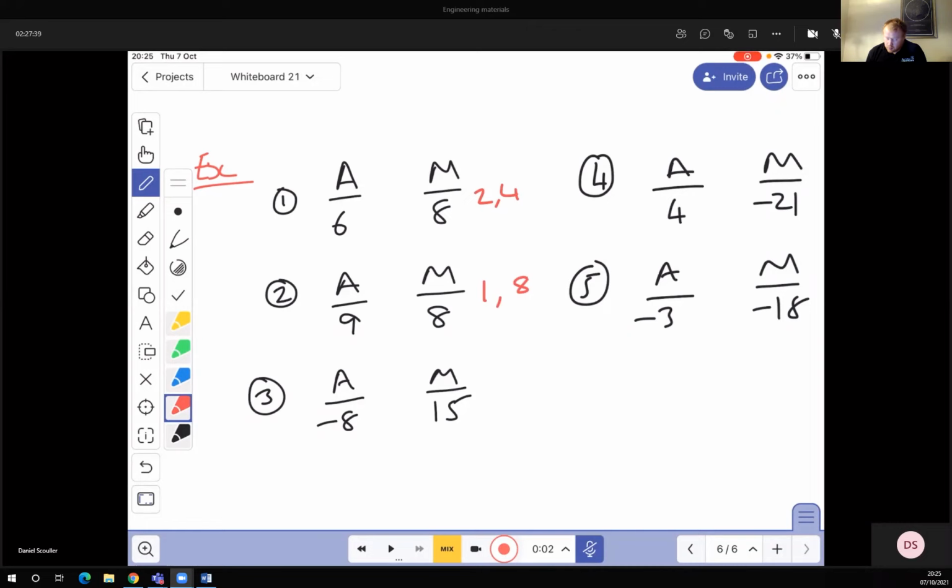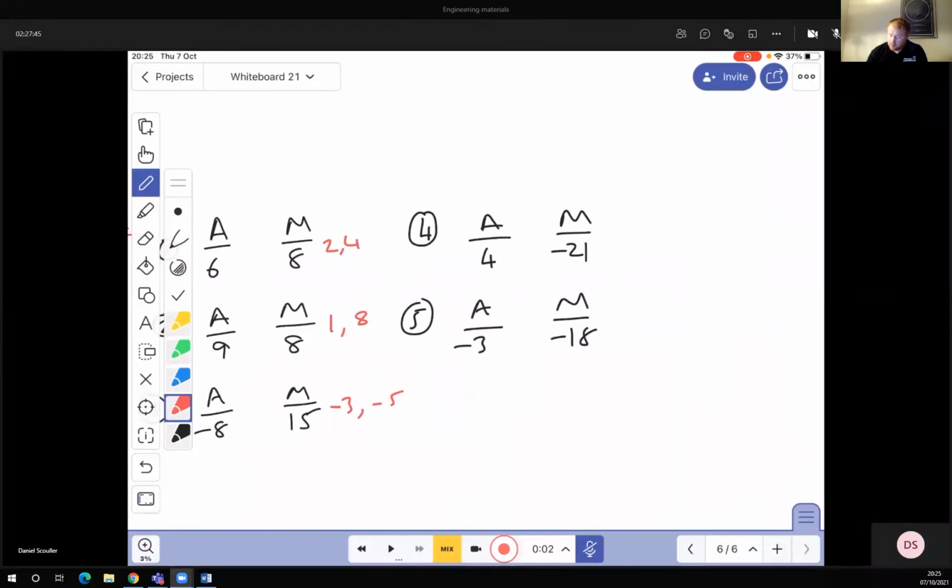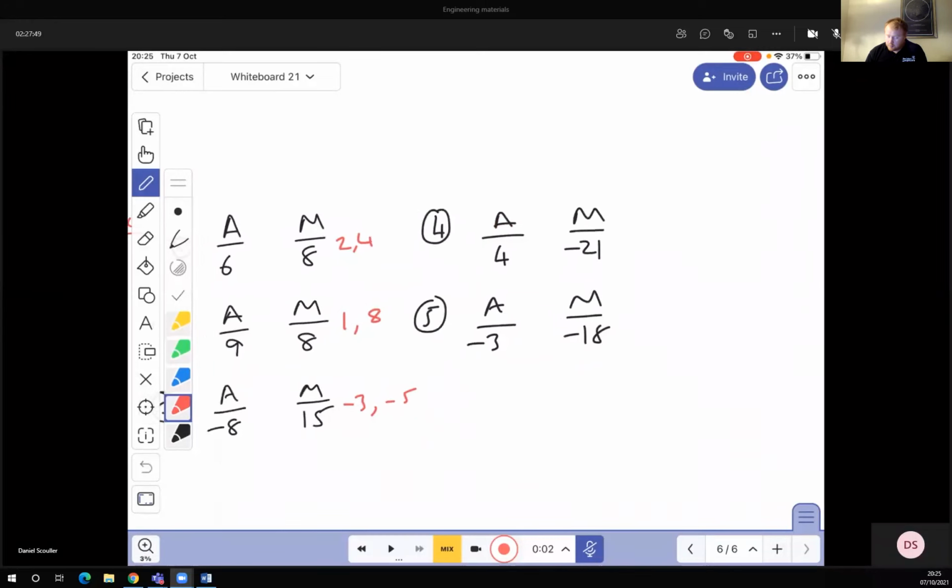Third one, I would have negative 3 and negative 5. Shout out if you're way off. Fourth, I would have negative 3 and 7. And the fifth one, I would have negative 6 and 3.